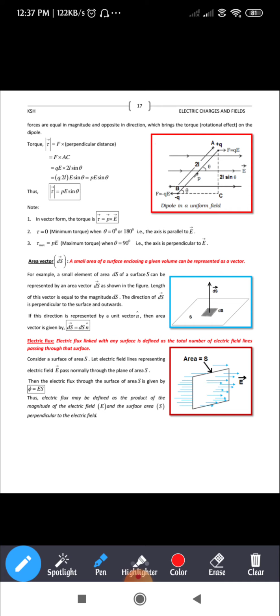These things you should be very clear about. Whenever I am deriving the applications of Gauss law, if I ask when electric flux is minimum and when it is maximum, you need to answer. Once you are aware of these things, and of when the area vector is perpendicular, it will be very easy for you to understand the derivations of the applications of Gauss law.